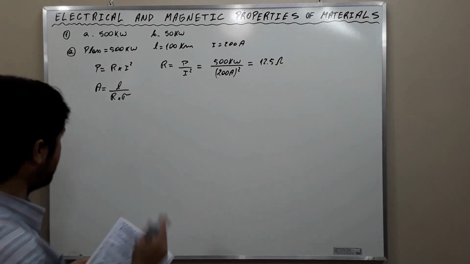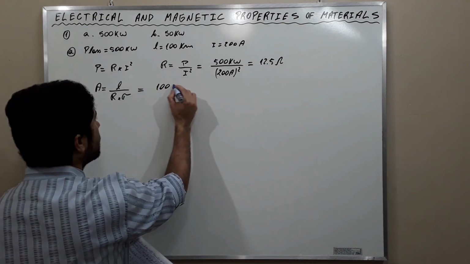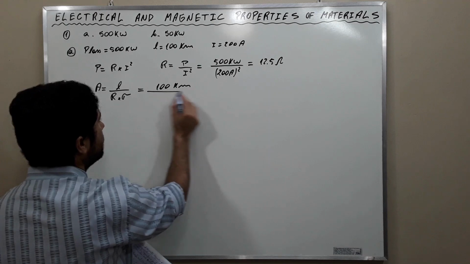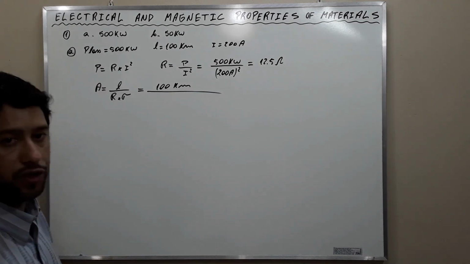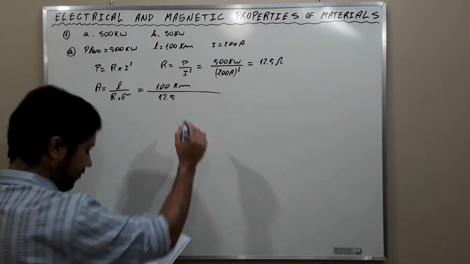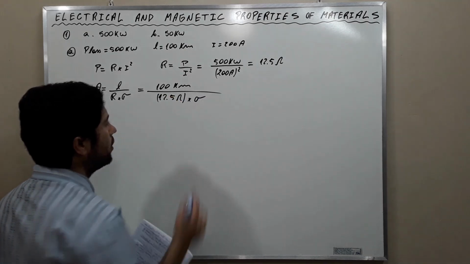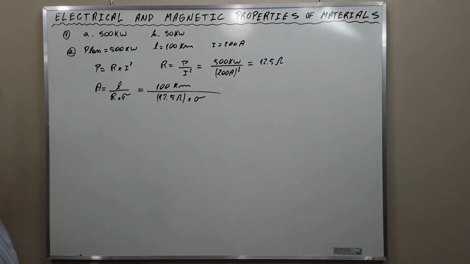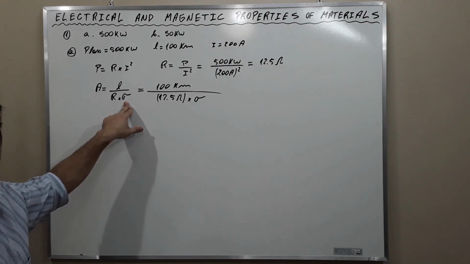The cross-sectional area is equal to 100 kilometers divided by the resistance of the cable that we just calculated, 12.5 ohms, times the conductivity of the material that we are going to use to make the cable.